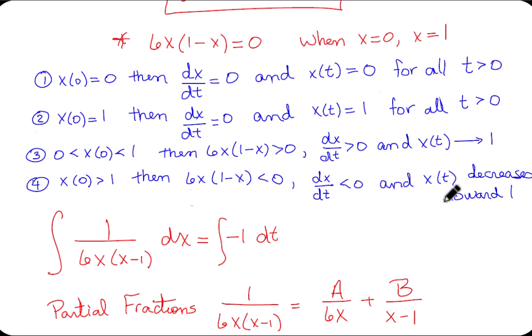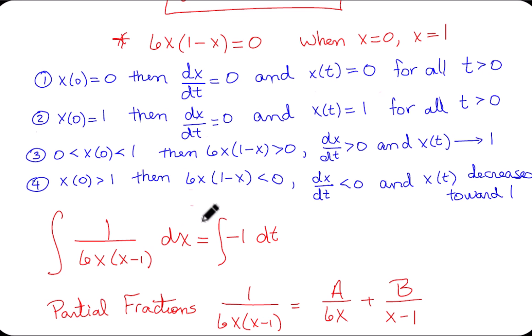It decreases until it gets to 1, where the derivative is 0. Now remember, our initial condition we were given was that x of 0 is 2. So we're starting off bigger than 1, so our solution should be decreasing.